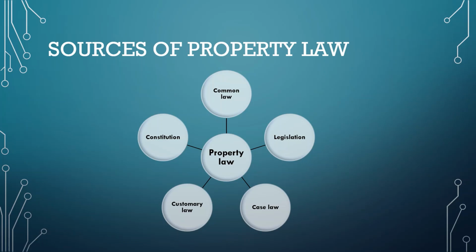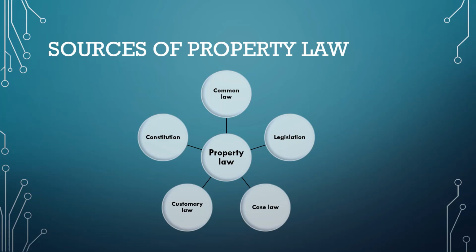I correct myself, case law or precedent has a very broad mandate or function when it comes to what it does as a source of law. And then most importantly, we have the Constitution, which we know is the most important source of property law.